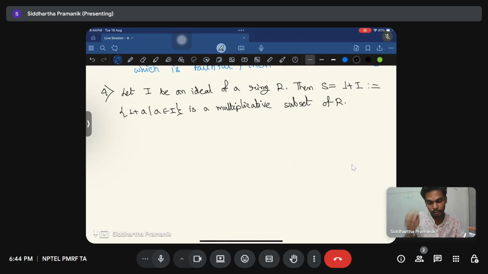Second, since S is a multiplicative subset, we can localize R at S.